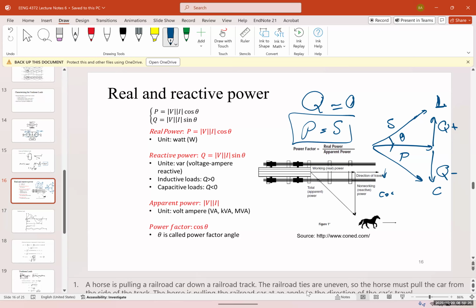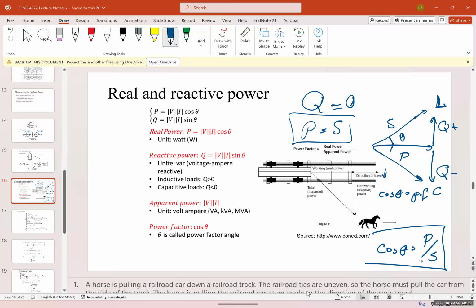Cosine of theta is going to be our power factor, which, as you can see from this picture, is equal to P over S. Now, the real power P is equal to V I cosine of theta. The reactive power Q is going to be V I sine of theta.